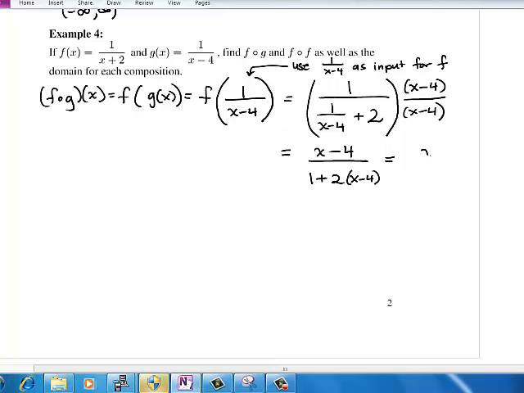And we can keep going, so we'd have x minus 4 over 1 plus 2x minus 8, which would be 2x minus 7. Then let's think about the domain before we move on to the next.